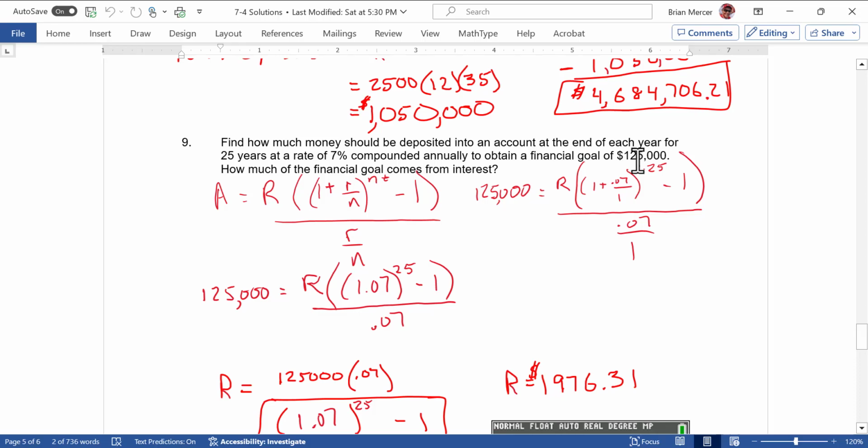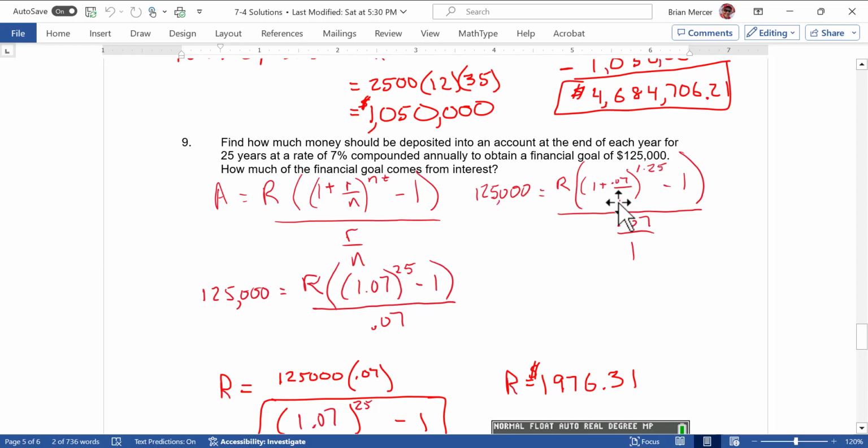So you're trying to get an amount, that's a future value, so that's why the $125,000 goes here. And I'm trying to figure out how much I put in every year in this case. In other words, what's the regular payment? And so I can substitute all the key information in this formula, do all this calculation, and I have to get R by itself, so I have to do some algebra.